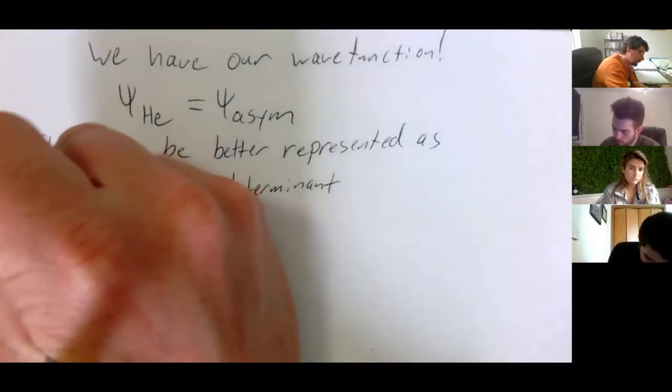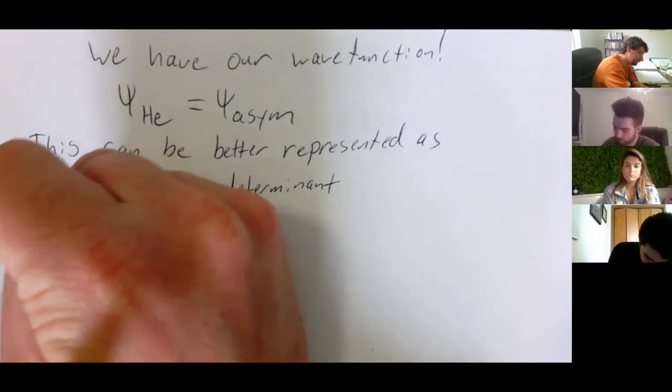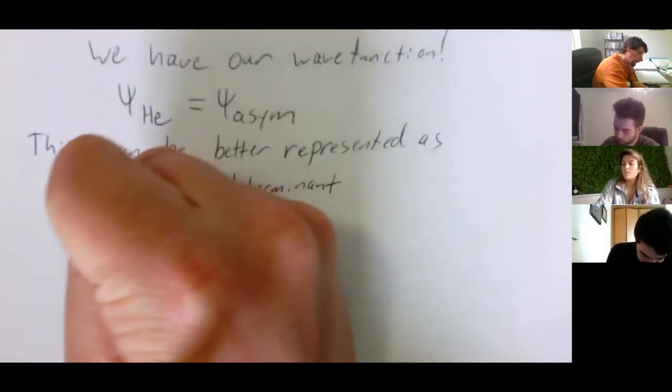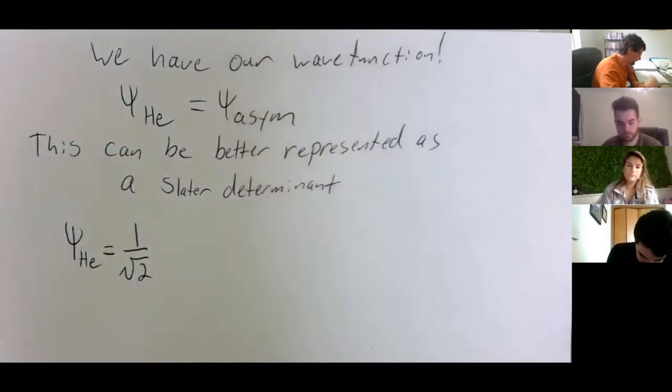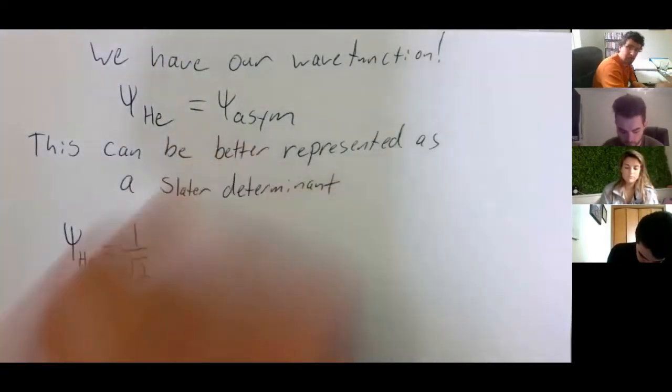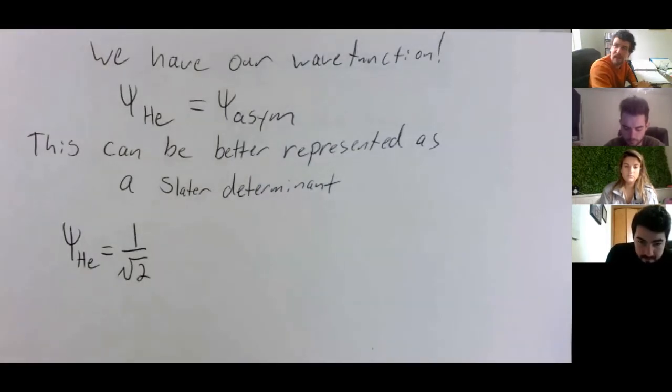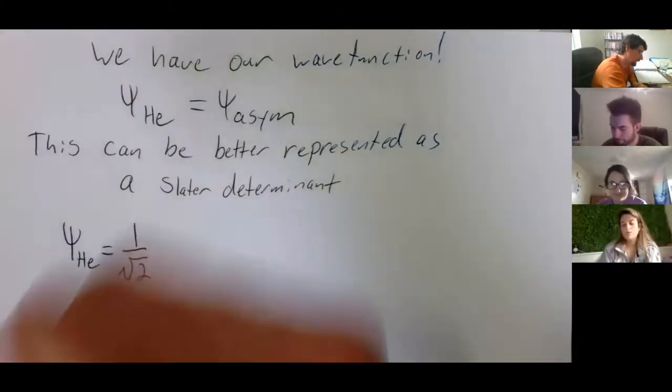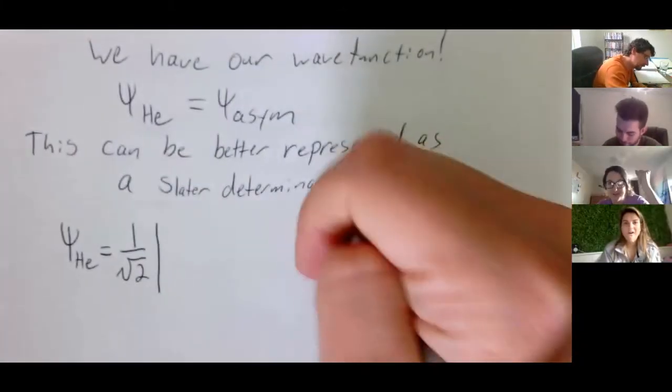So let's try to represent helium. So we wanted a determinant. Anybody have an idea of the size of the determinant we're going to use for 2 electrons? 2 by 2. Yep, a 2 by 2.